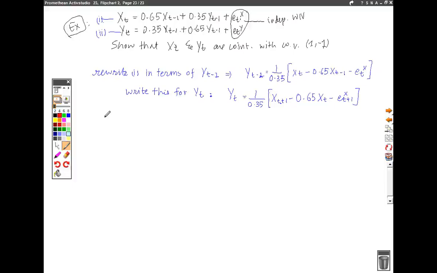So the next big step will be to substitute the values of yt and yt minus 1 derived above in the second expression. So if I do that, what will I get? I will have to rewrite this as it is here.